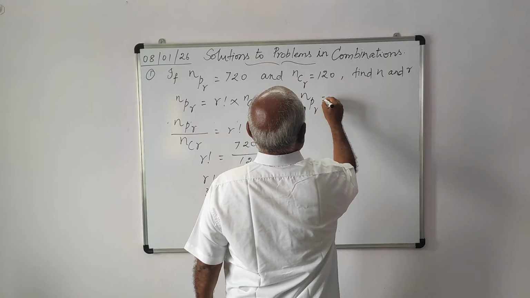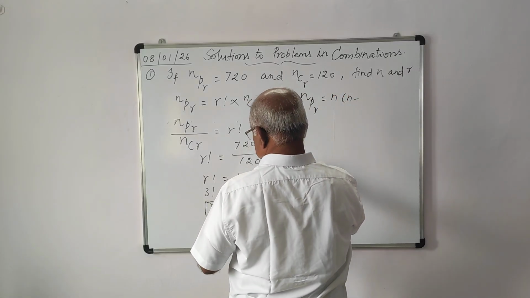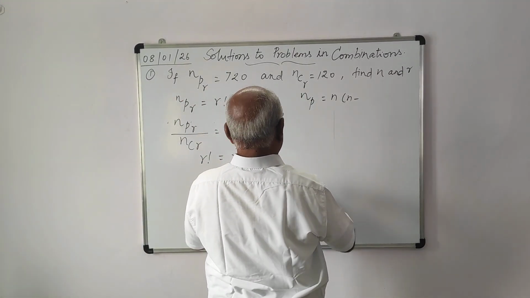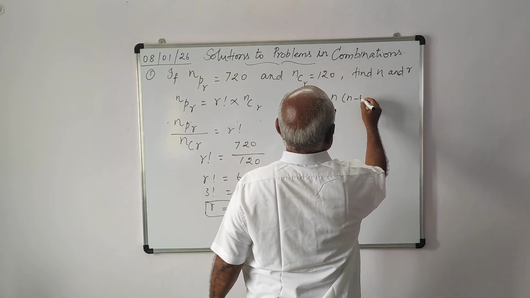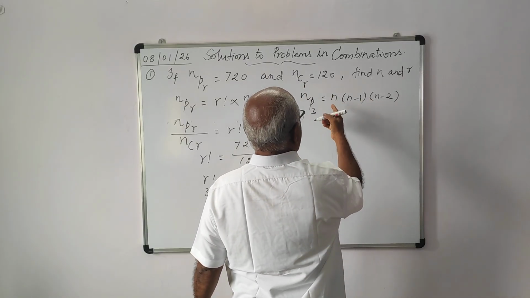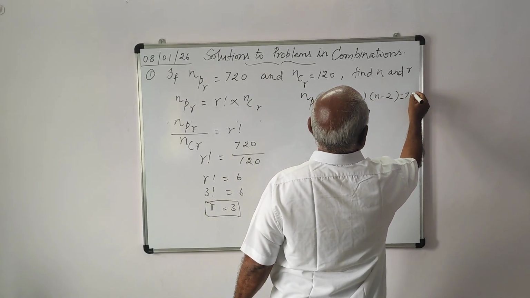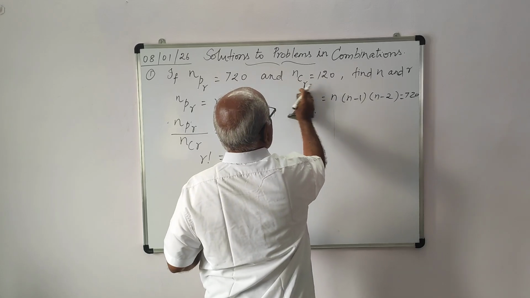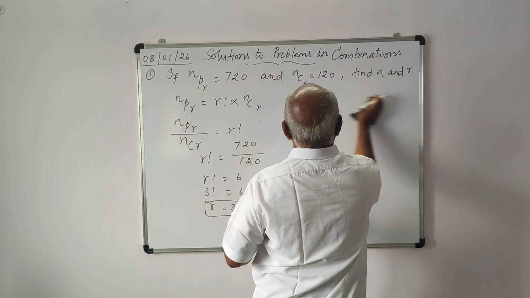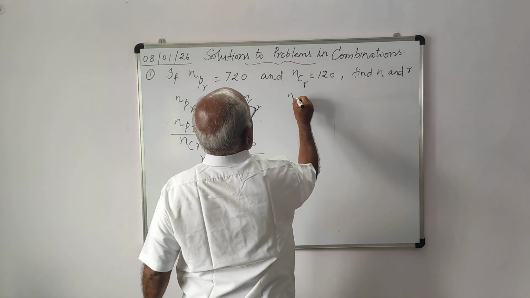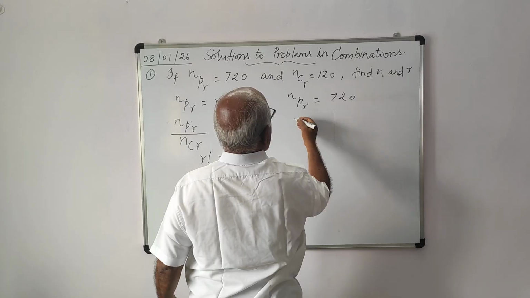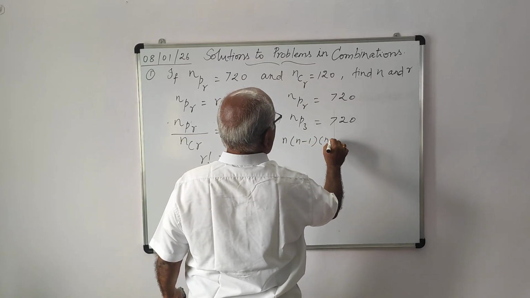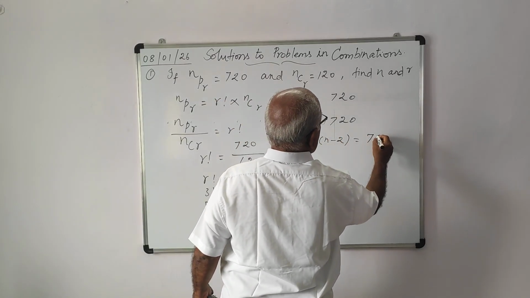Since r equal to 3, we can have nP3 equal to n into n minus 1 into n minus 2. 3 terms only have to reduce. nP3 is 720 as given, so n into n minus 1 into n minus 2 is equal to 720.